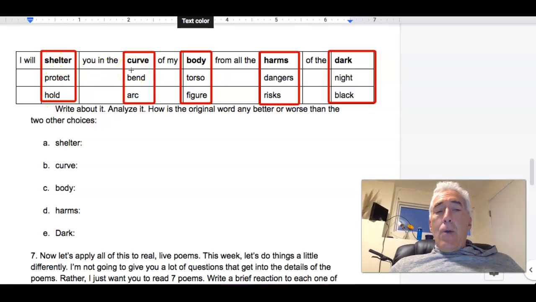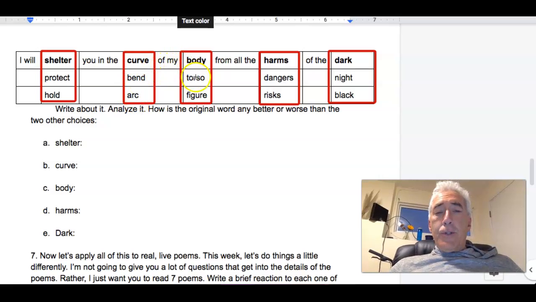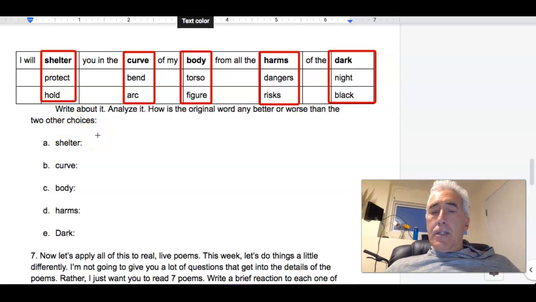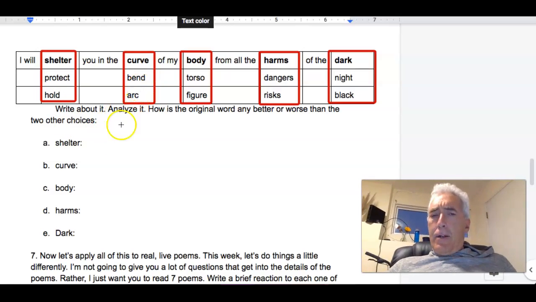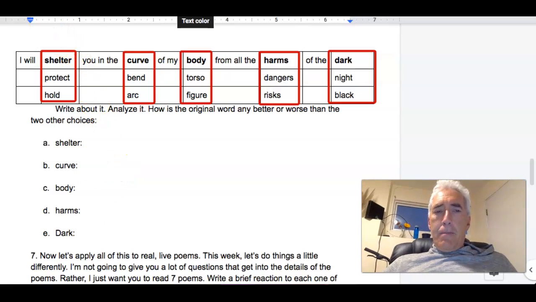What if it said, I will hold you in the arc of my torso from all the risks of the night? Would it be the same? Well, slow it down and look at these words. How is shelter any different than these other ones? What kind of associations and feelings might it have? So just think about it. What can you come up with? Just a little bit of a commentary down here on that.